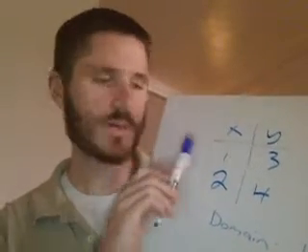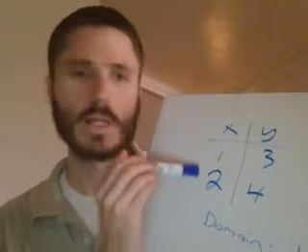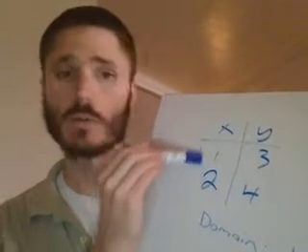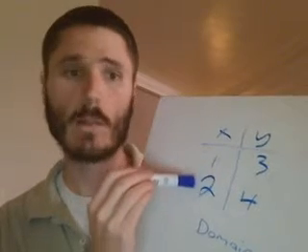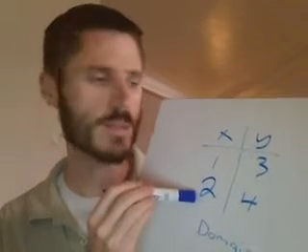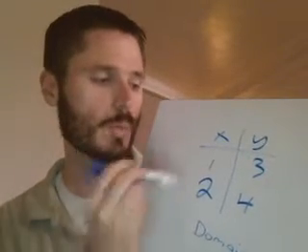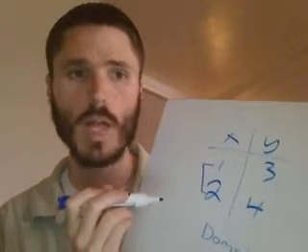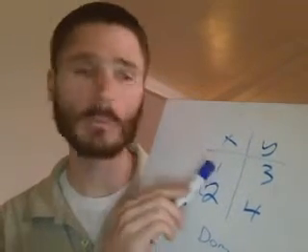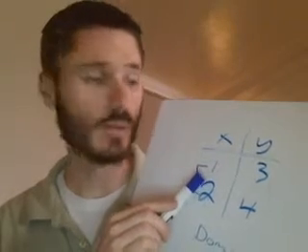I wouldn't say x is greater than 1 but less than 2, because that would mean our domain is every single number between 1 and 2, and that's just not the case. Like 1.5 isn't in this table.